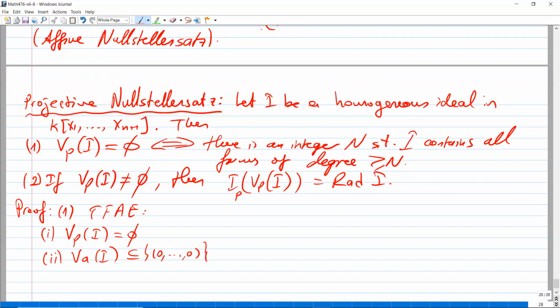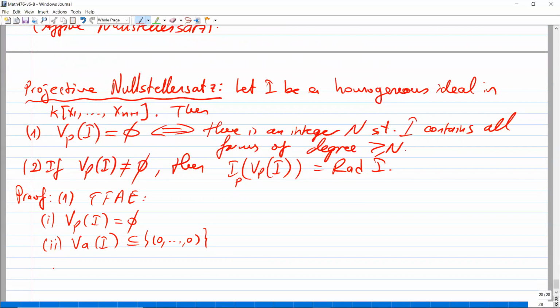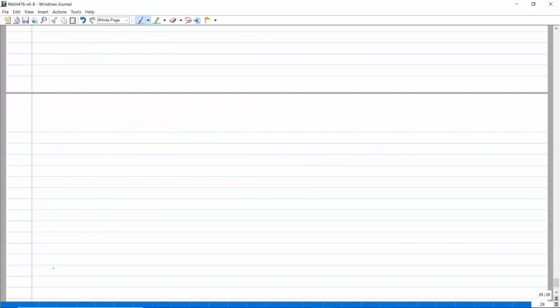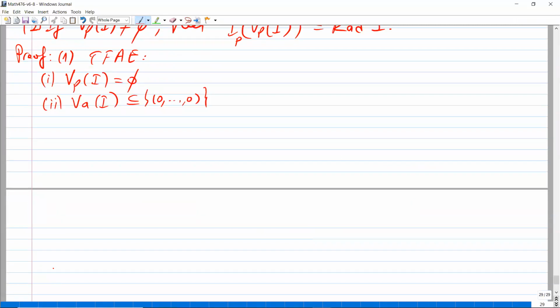It's either empty or contains only 0. And third, the radical of I is equal to the ideal of VAI, and that contains (x1, ..., xn+1).